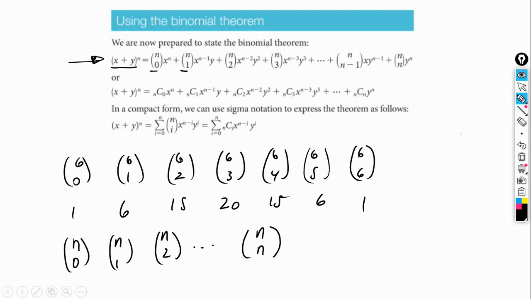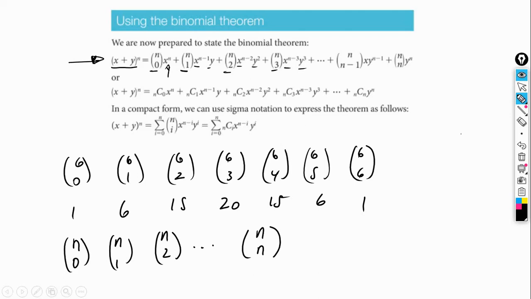The second coefficient, x to the power of n minus 1, and then we have y appearing for the first time, so y to the 1. Of course, before, y here was to the power of 0. Then we have the next coefficient, x to the power of n minus 2, y squared, plus the next coefficient, x to the power of n minus 3, y to the power of 3, and so forth.